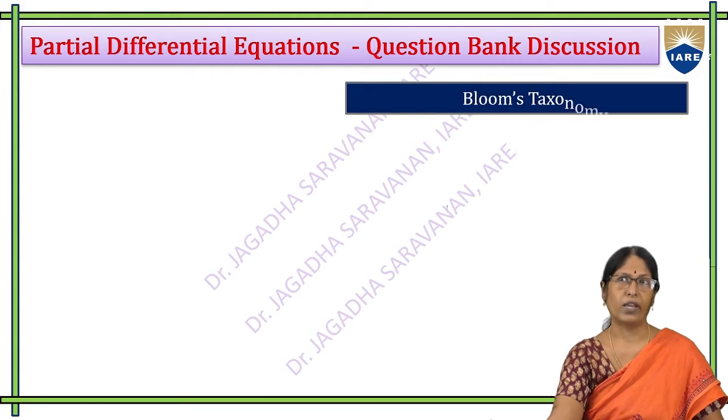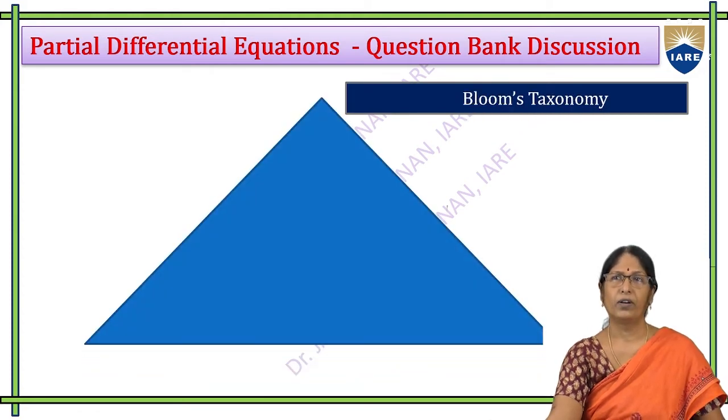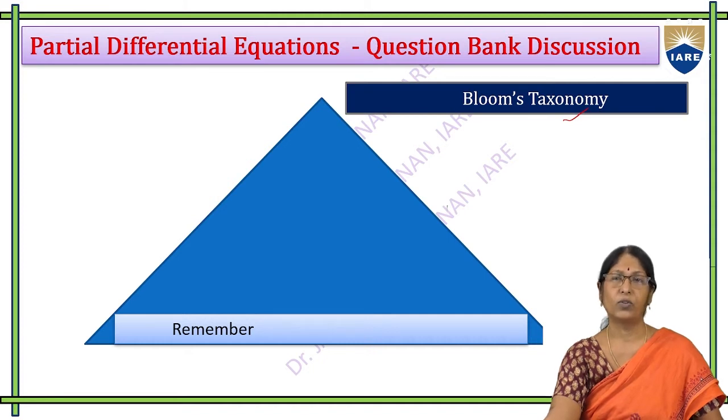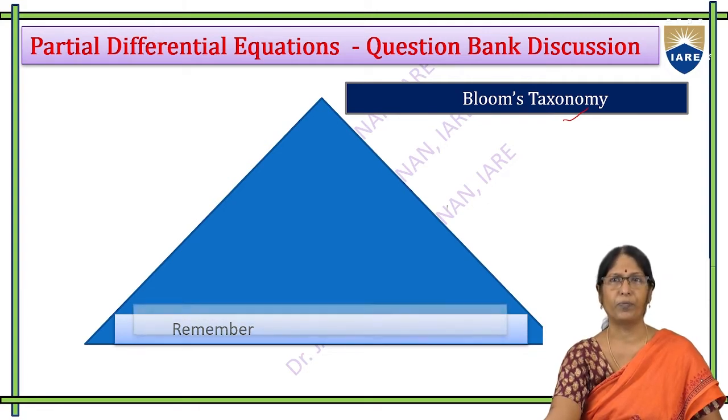Now, Bloom's taxonomy. The first level is remember. That is what we have learnt in lower classes regarding formulas. What is the next step to go? To go to the next step, what are the requirements we need? So we just recall or recollect. It comes under the first level, remember.